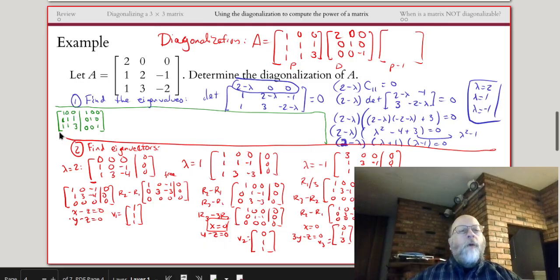So I'm going to take row 2 minus row 1 and row 3 minus row 1. And that gives me 1 minus 1 is 0. 0 minus 1 is negative 1. And again, 1 minus 1 is 0. 0 minus 1 is negative 1.